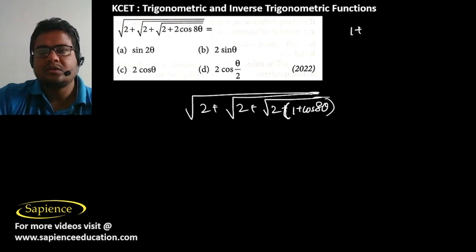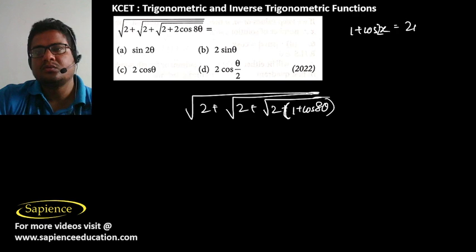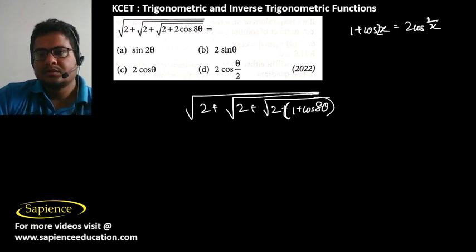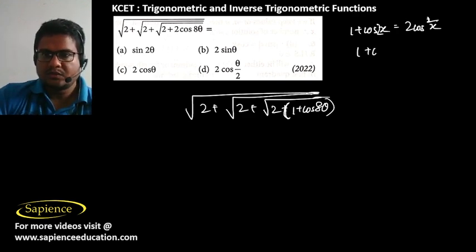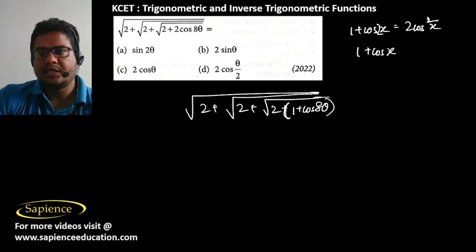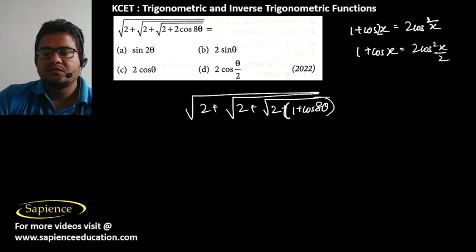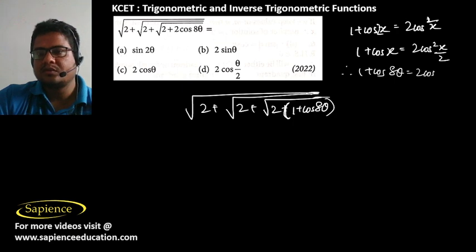So now we know that 1 plus cos 2x is equal to 2 cos square x. So 1 plus cos x can be written as 2 cos square x by 2. So therefore 1 plus cos 8 theta can be written as 2 cos square 4 theta.